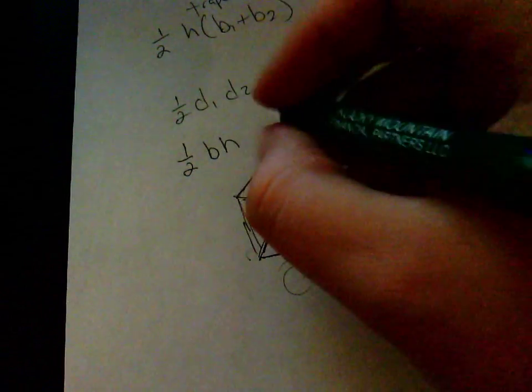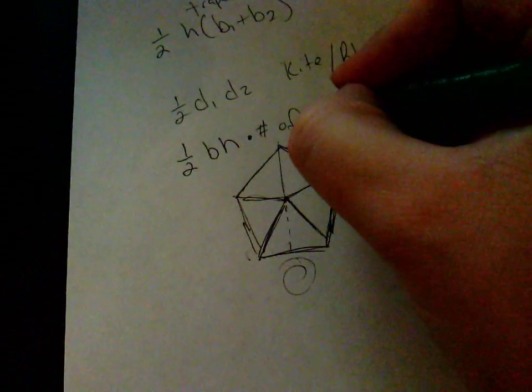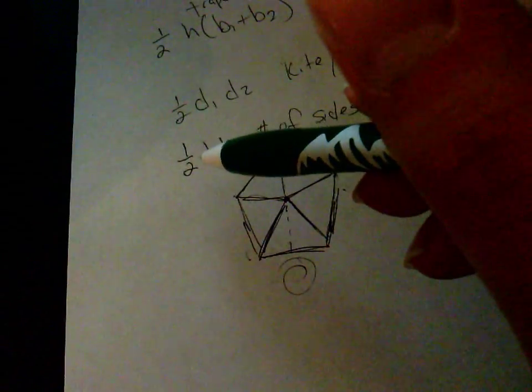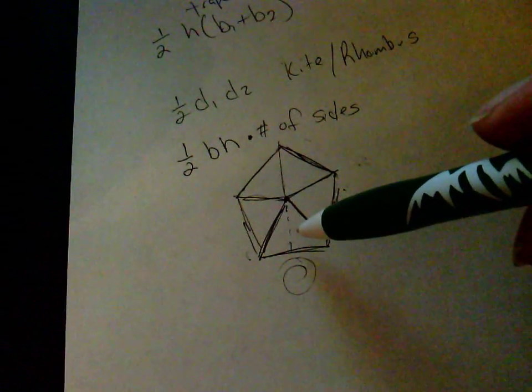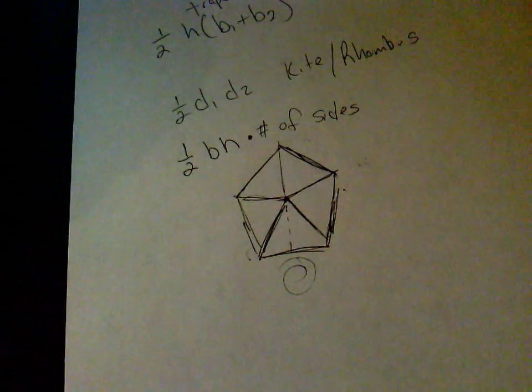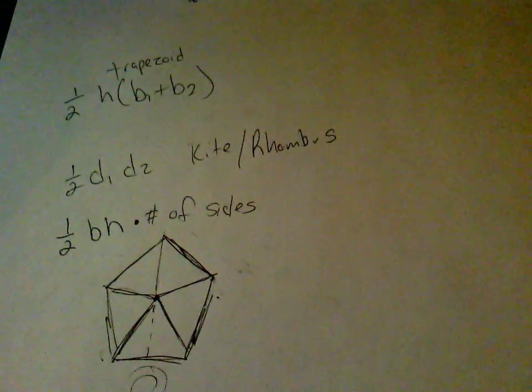So that's why I say number of sides. So times the number of sides. Okay? That's what this formula means. It means the triangle area formula times the number of triangles we have, or technically just the number of sides of the object. I'll go one by one through these just to show you how to plug these in so these make more sense.